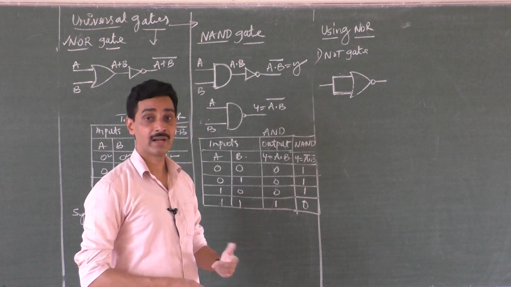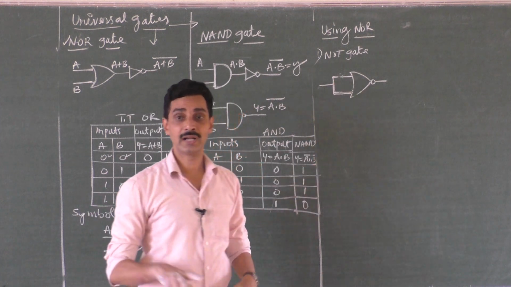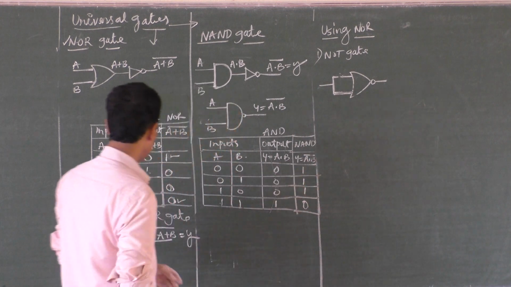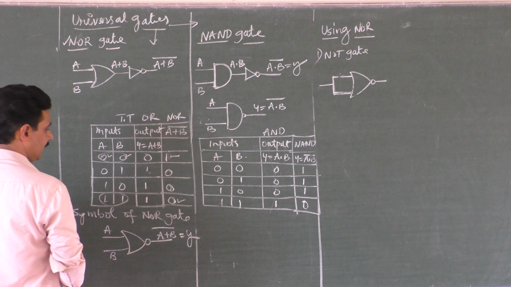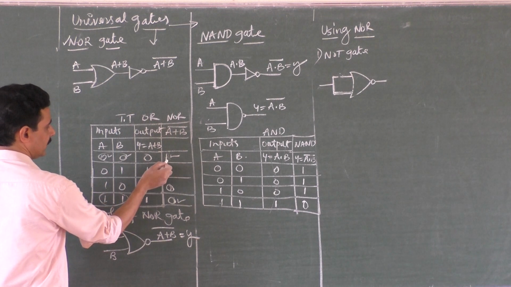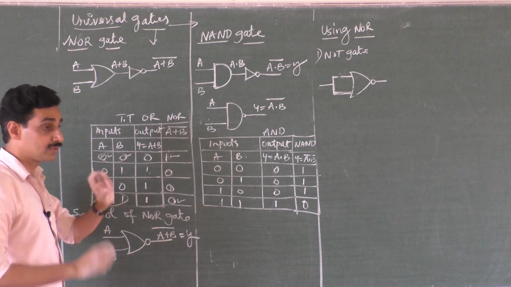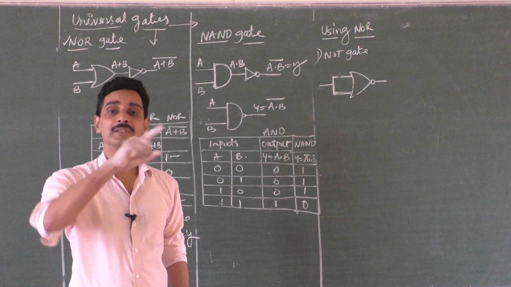That means you are allowed to supply both 1 or both 0. You can't give one 1 and another 0, because they are tied together. Nothing else. What is the output? Complemented. That means if you tie the inputs of a NOR gate, it is a NOT gate.